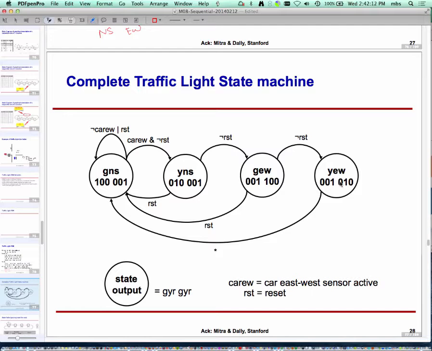So a Moore machine is usually drawn this particular way. That is, we put the output in the state. So this indicates output depends only on state. So this is Moore.